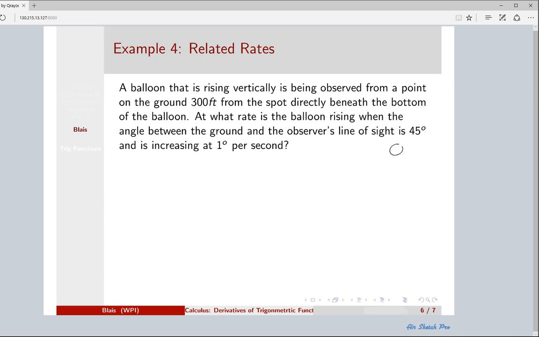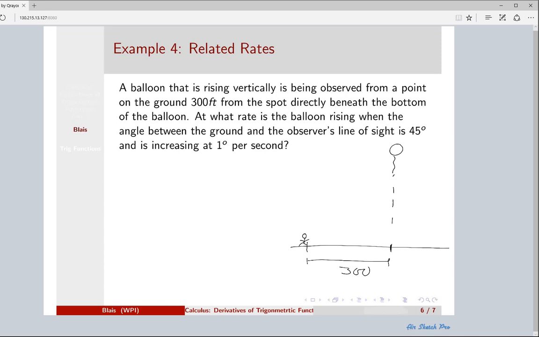So we have our balloon. We have the ground. It's being observed 300 feet from the spot directly beneath the balloon. So there's somebody standing 300 feet away, watching this balloon.